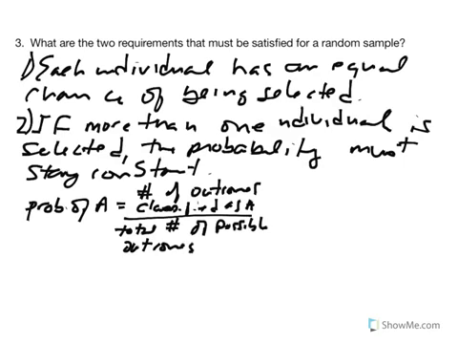So what we're saying in number 2 is that if more than one individual is selected, the probability must stay constant. In other words, the denominator of this equation must remain constant.